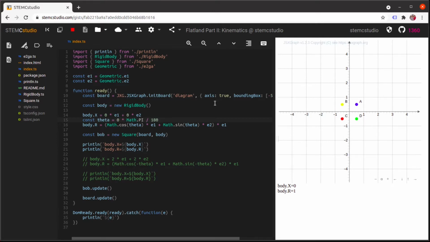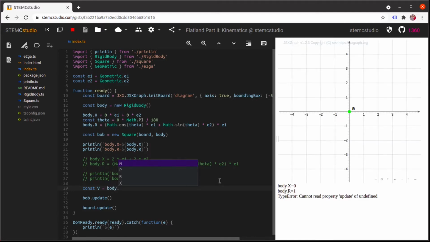So we're going to start in the standard configuration. And what we want to do is compute the velocity. So we're going to do something like this: const v equals body dot P, the momentum, divided by body dot M.